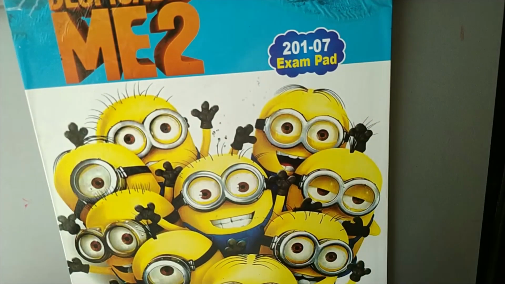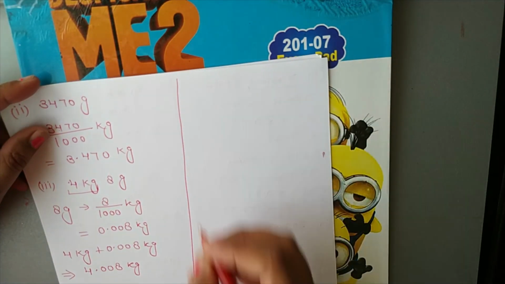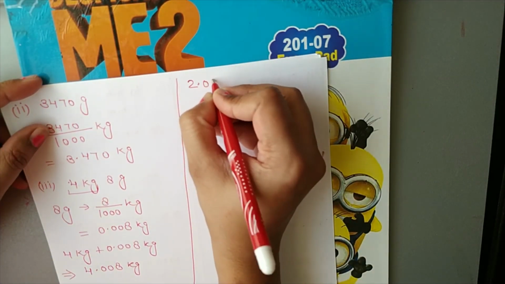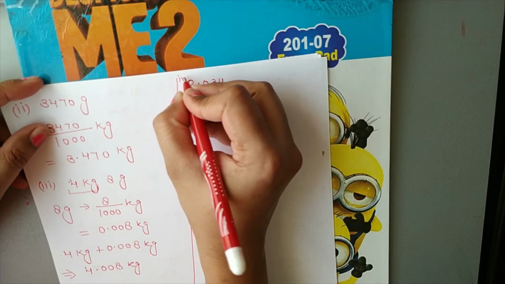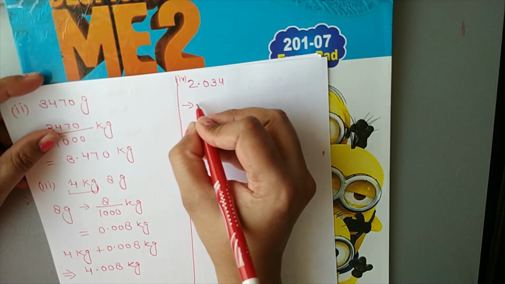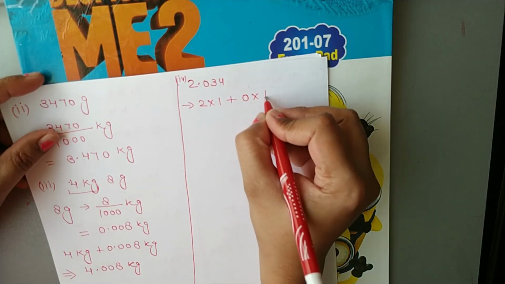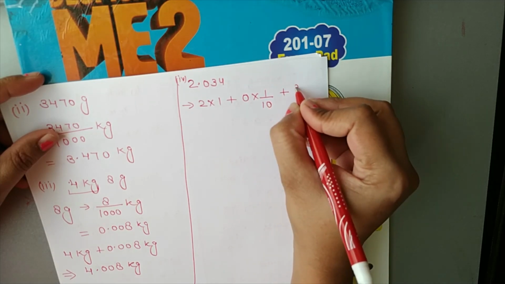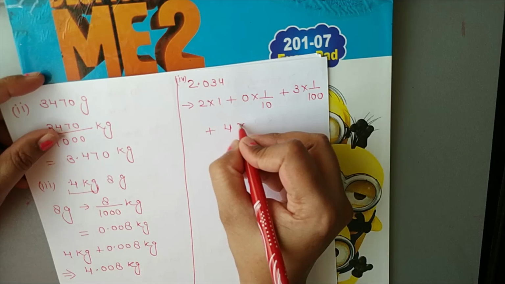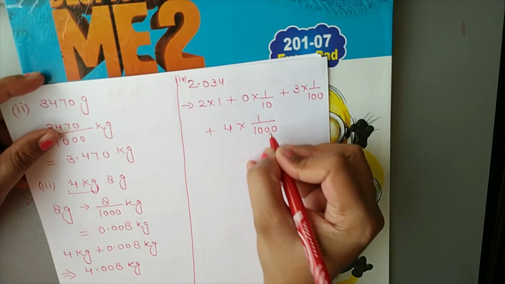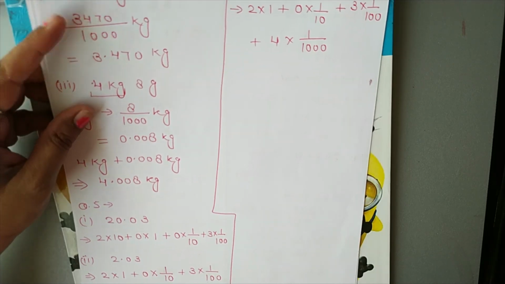Next is 2.034, this is the fourth part. So it can be written as 2 into 1 plus 0 into 1 upon 10 plus 3 into 1 upon 100 plus 4 into 1 upon 1000. Now move on to the next question.